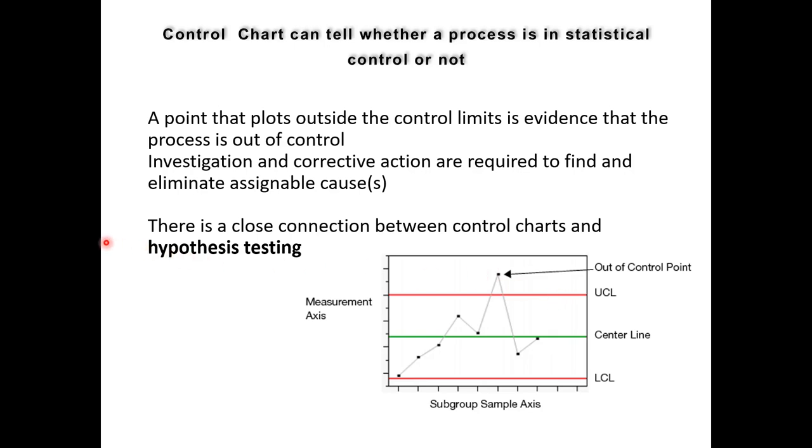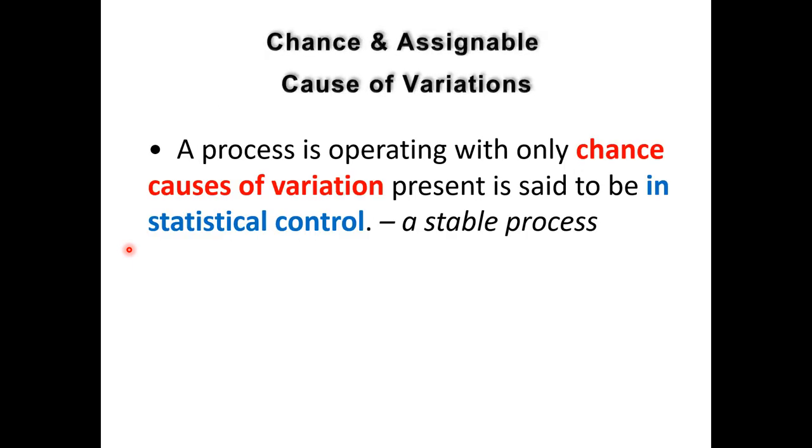So there is a close connection between control charts and hypothesis testing. I do hope you still remember what hypothesis testing is. We're going to look at that again later on in the part on hypothesis testing.